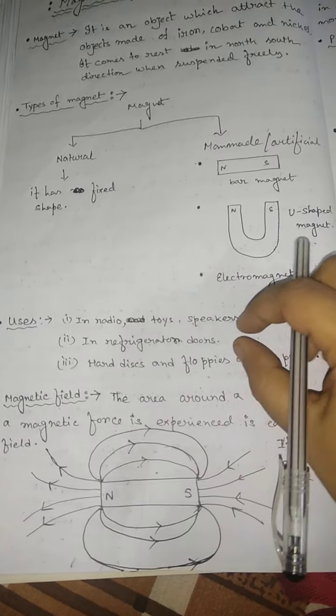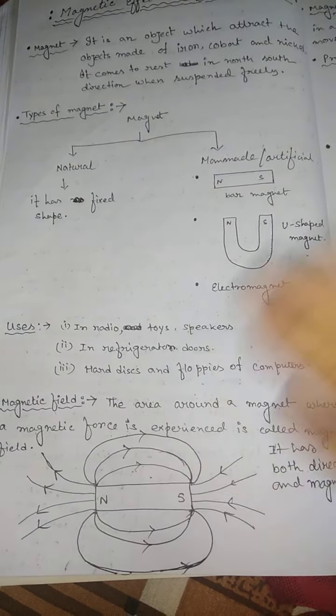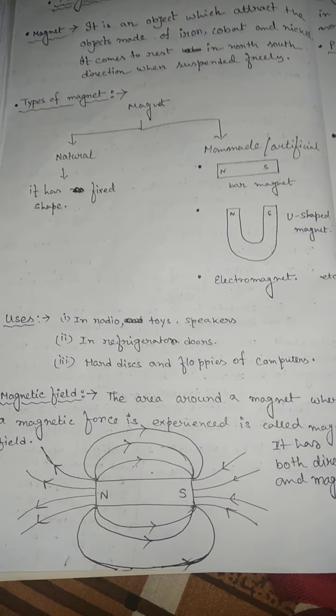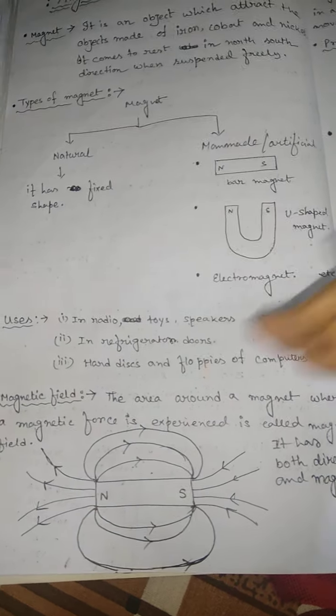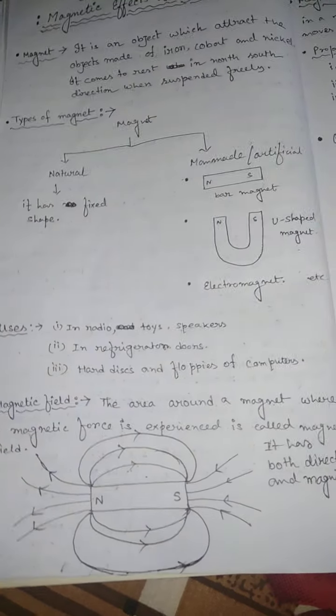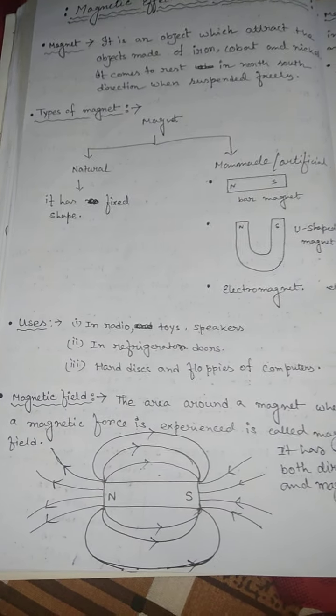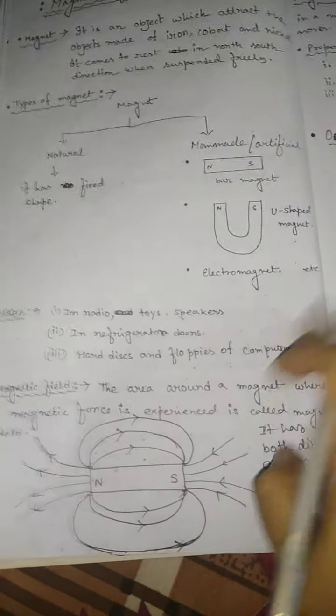But if we keep that magnetic substance far away, it is neither attracted nor repelled. That means no force is experienced by that magnetic substance. So up to some region the magnetic substance can experience a force by the magnet.